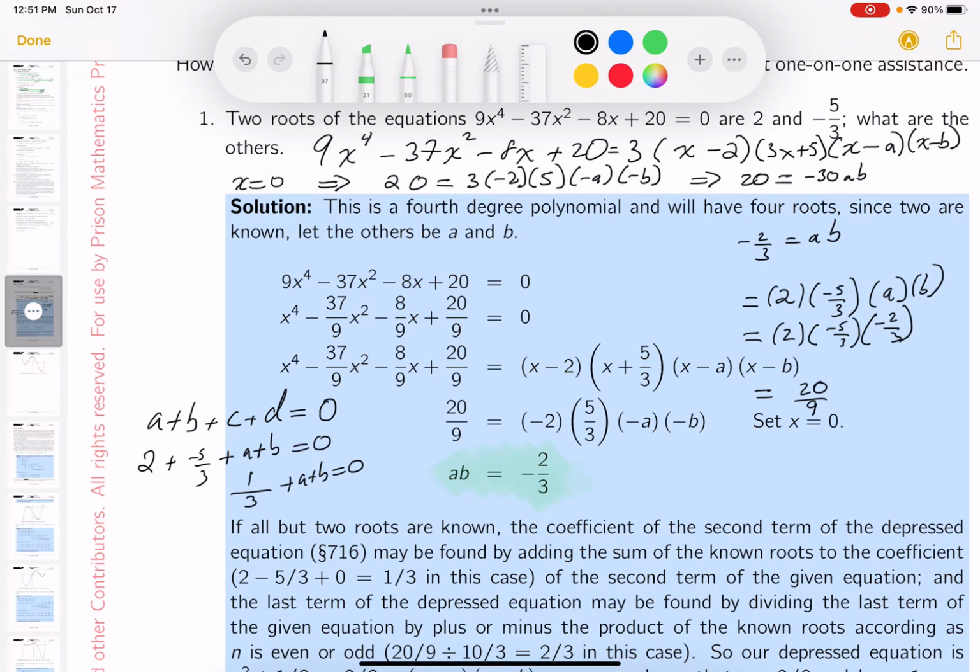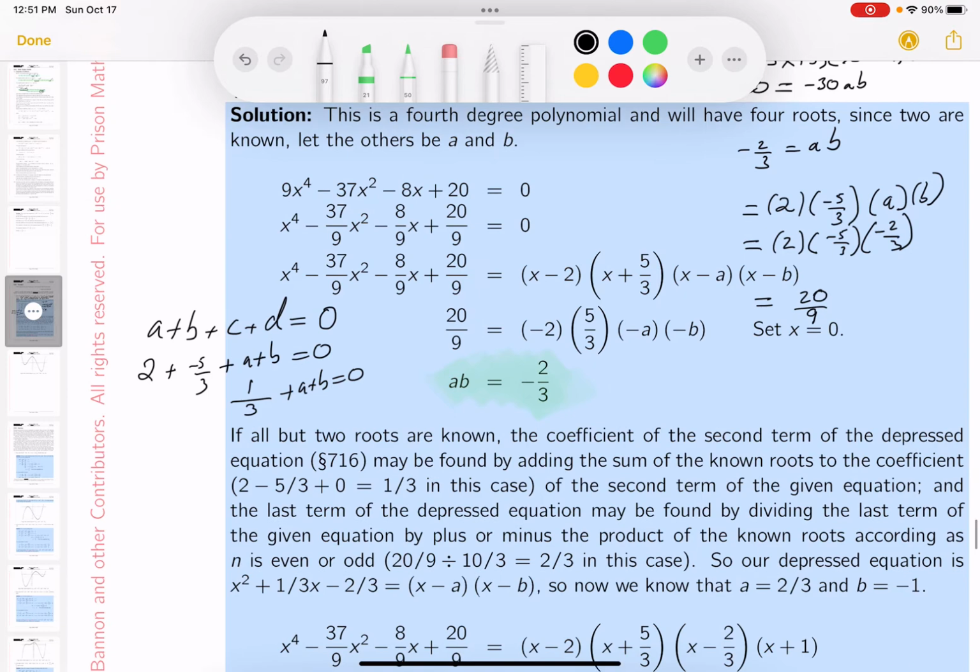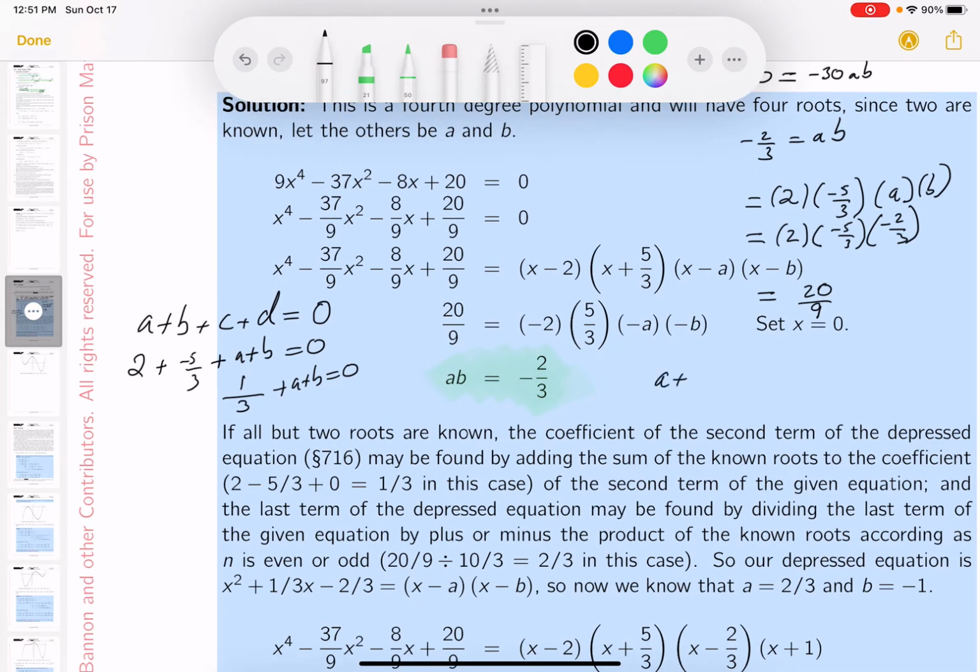All right. Let's take a look at what we got here. I got to write it down. So A plus B equals minus 1/3, and A times B is minus 2/3.